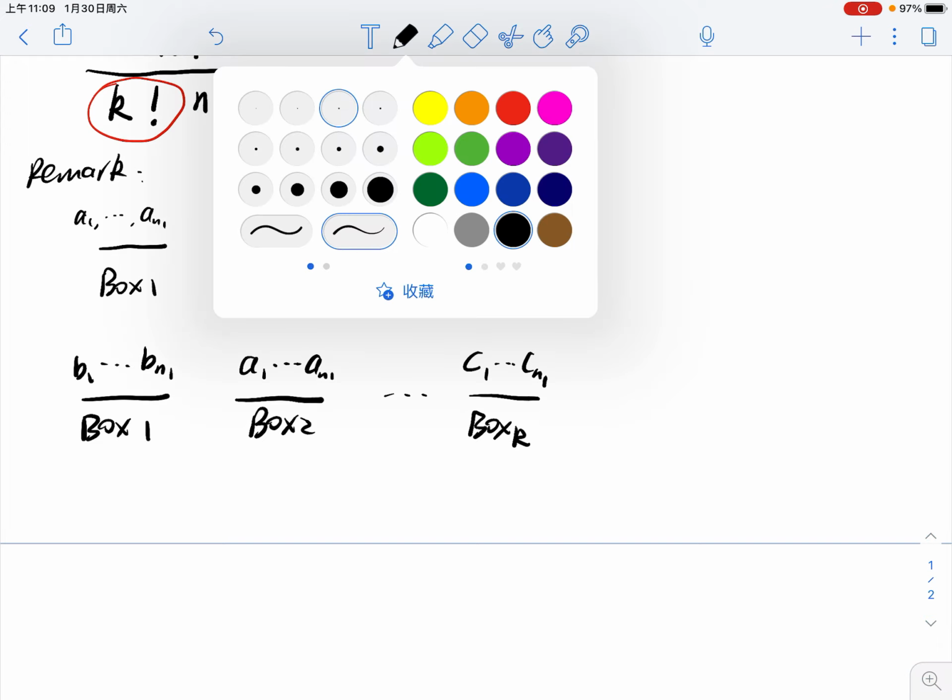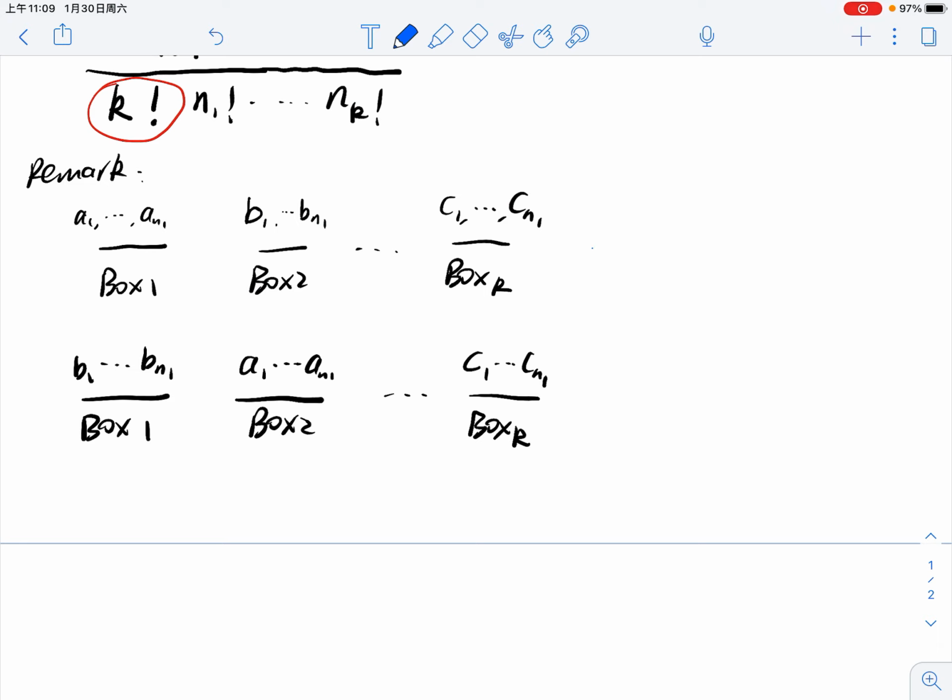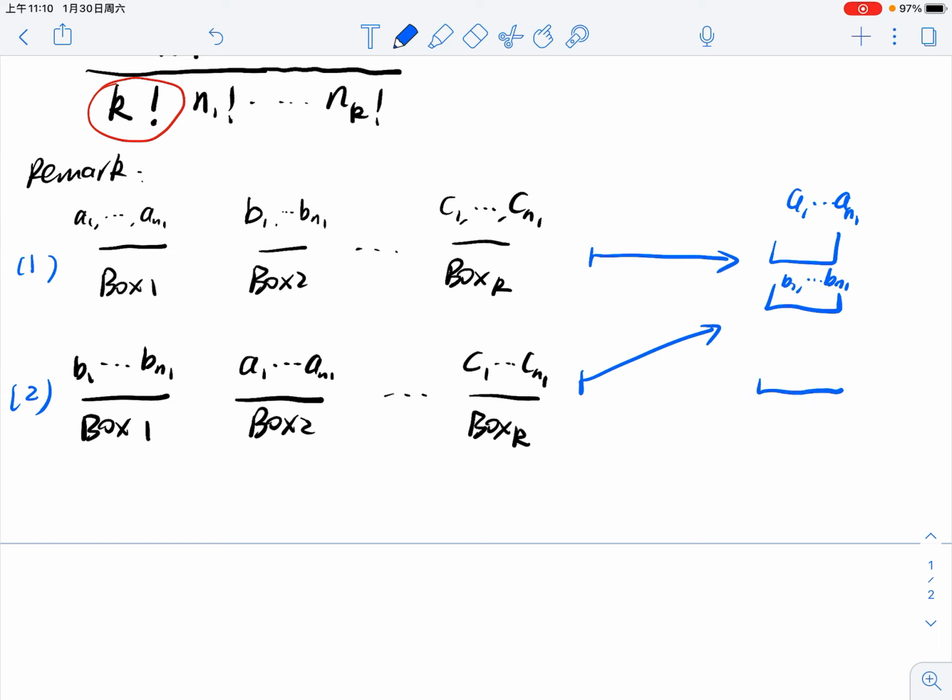But if you consider the second case, since the boxes are not labeled, you cannot distinguish the first one from the second one; they all map to the same configuration. In the sense of the second case, as soon as you have A1 to An1 together, B1 to Bn1 together, C1 to Cn1 together, which is contained in which box is not important.